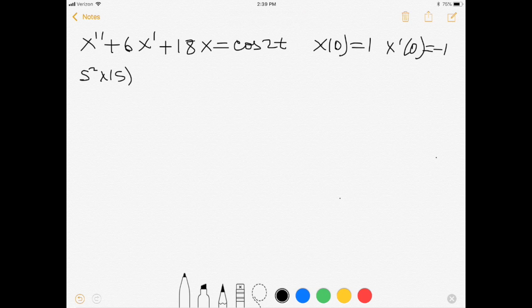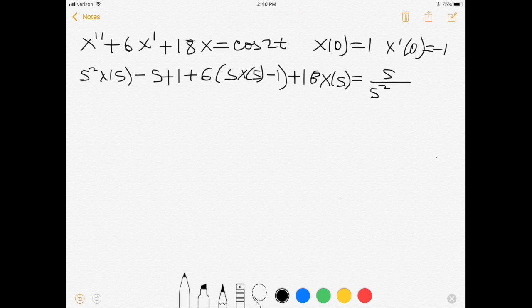This means we have the value of the function multiplied by s, minus the value of the derivative of the function, because minus negative 1 means plus 1, plus 6 times s X of s minus negative 1. Here we subtract the value of our function, plus 18 X of s, and equal cosine 2t, which means s over s squared plus 4.